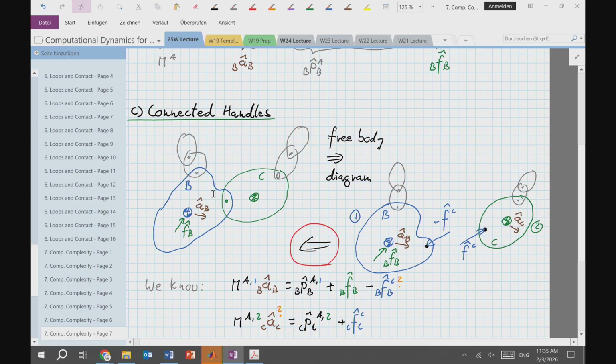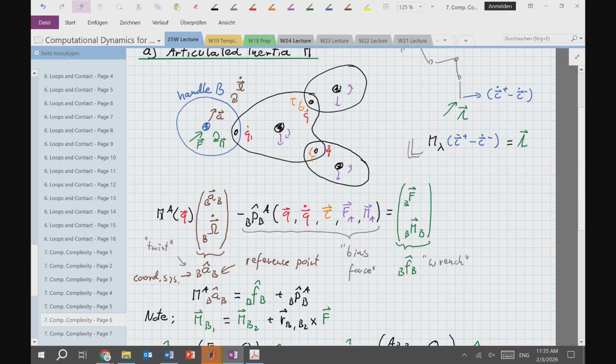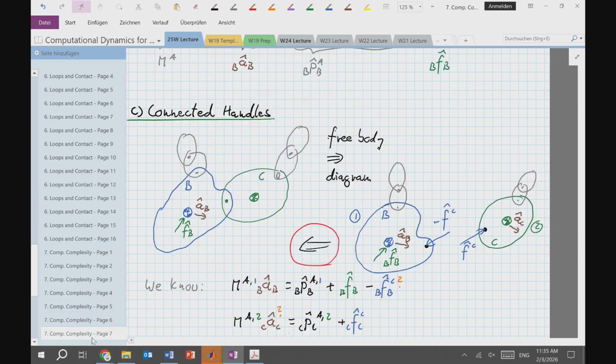And we can, in a sense, write the same equations that we stated on our previous page, with the only difference that the forces in green, acting here on the large system, are different because they're a combination of the external active forces and the constrained forces on body B, and they're only the constrained forces on body C, right?